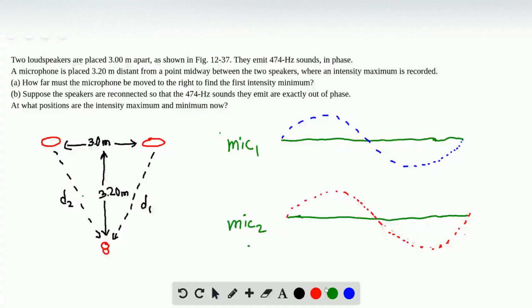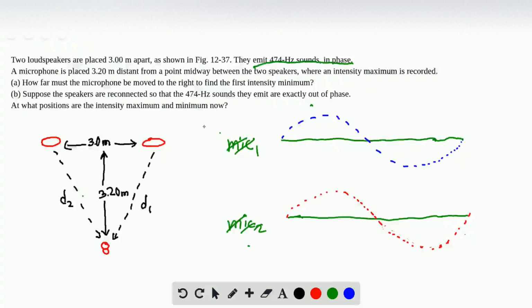Now it says that the speakers are in phase, and they emit 474 hertz sound. So yeah, they're in phase and they're emitting 474 hertz of sound. Now the thing is, we should write that as loudspeaker, not mic.